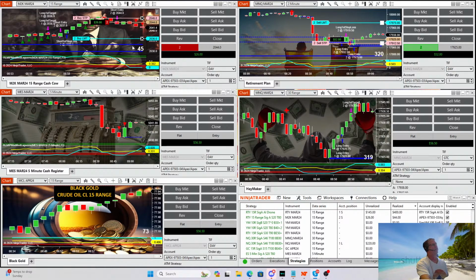And I have 3 on the cash cow, on the Russell and the micro NASDAQ. And I have 4 on the MNQ, the Haymaker, the cash register, and I've also put it on micro crude oil, the black gold strategy. So we'll see how it goes.